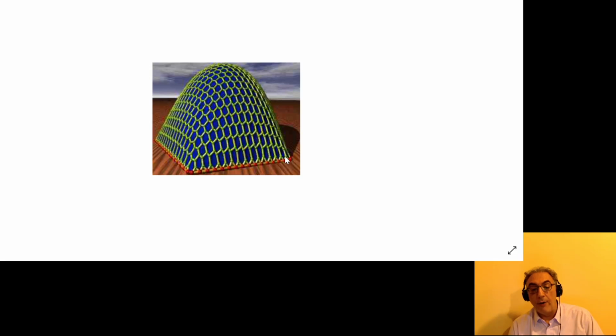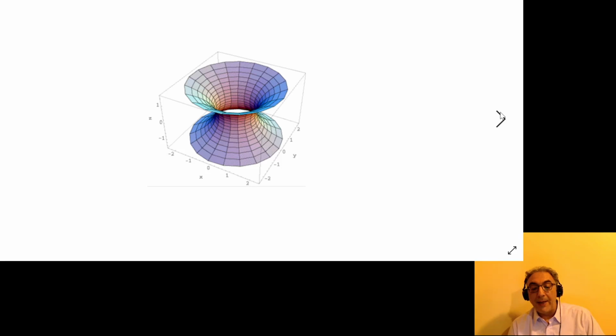It is very well known in architecture, but can be rotated also in a concave way around this axis of symmetry, giving rise now to what is called a catenoid.